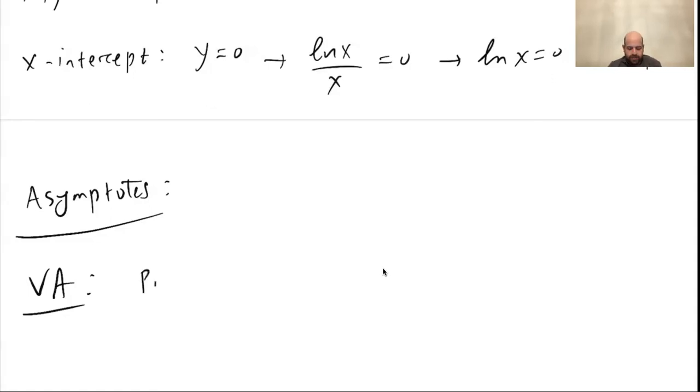So potential vertical asymptotes: because we have ln x, the expression inside logarithm here is x itself. So you put that expression equals 0, so x equals 0. And denominator equals 0.